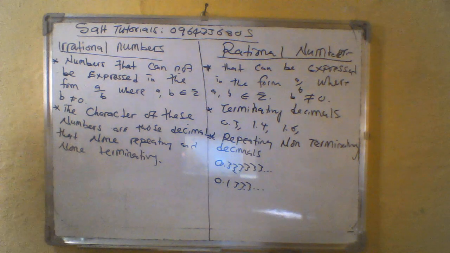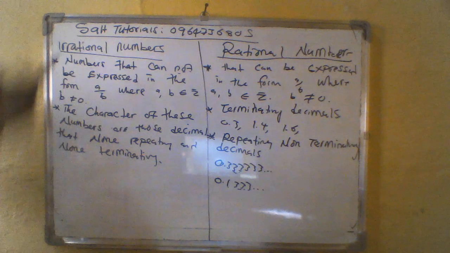So numbers having decimals which are non-repeating and non-terminating will be basically called irrational numbers.